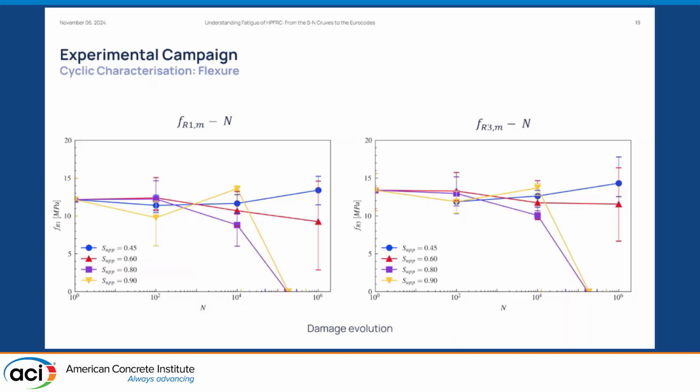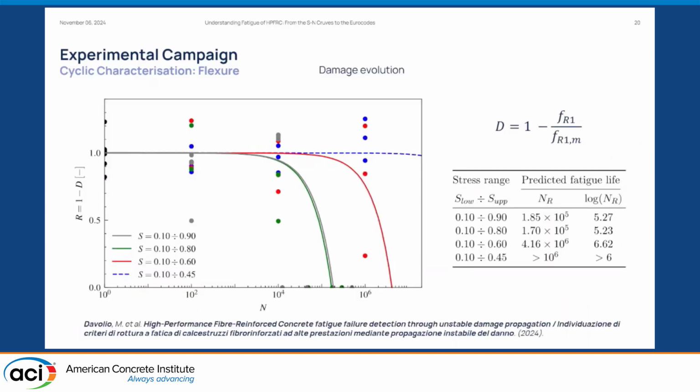On the basis of this, we were able to obtain these plots relating the residual, which is the counterpart of the damage, with respect to the performed number of cycles. And I point you to the definition of damage that we used, with respect to the residual strength that we measured, FR1, with respect to the average residual strength that was measured during the monotonic test.